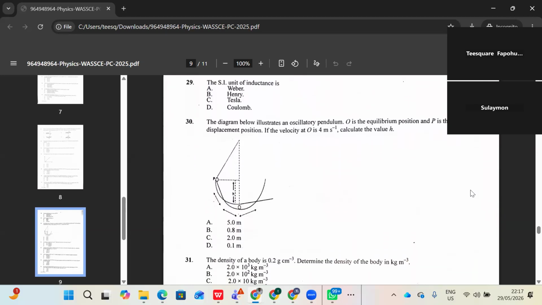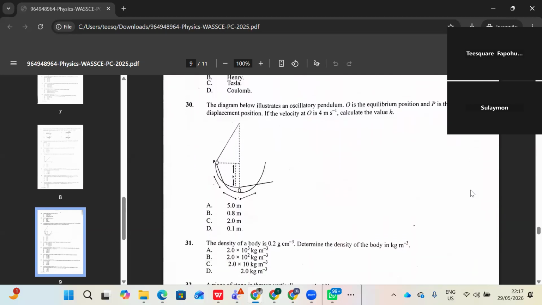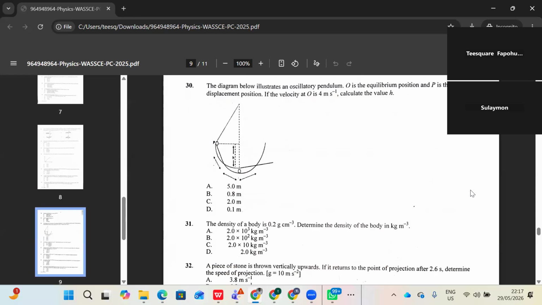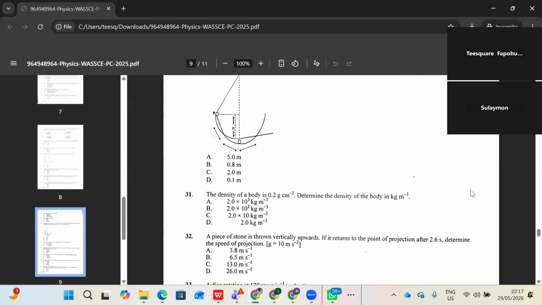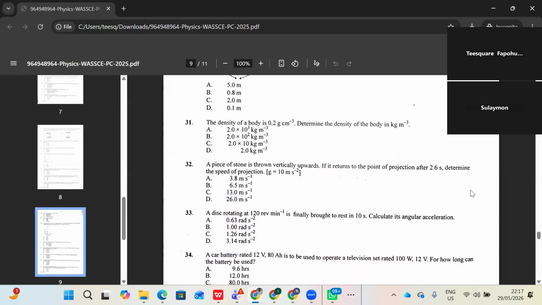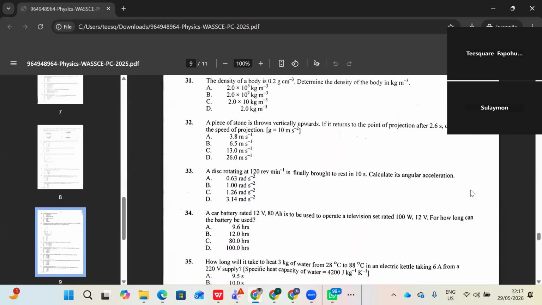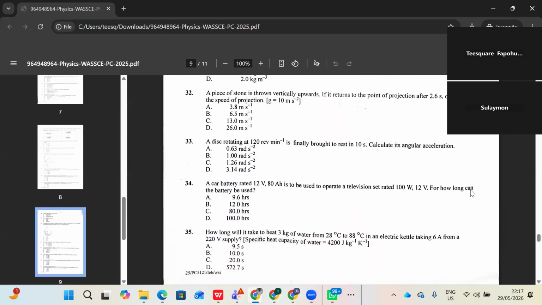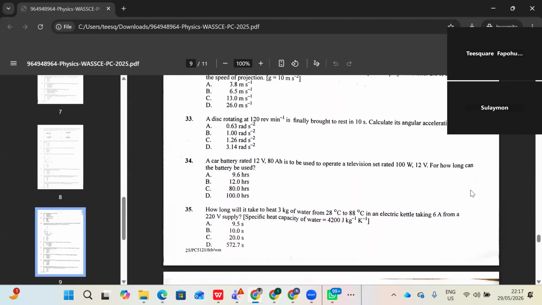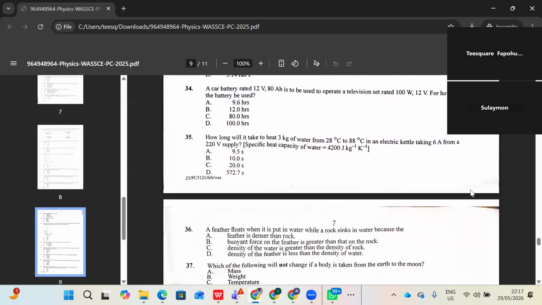Inductance, something like inductor coil. It goes on until you get to density, upthrust, and projectile again can also be brought up in objective.